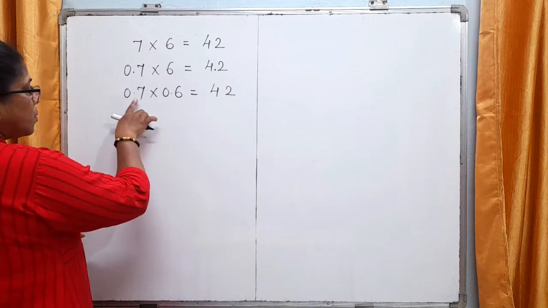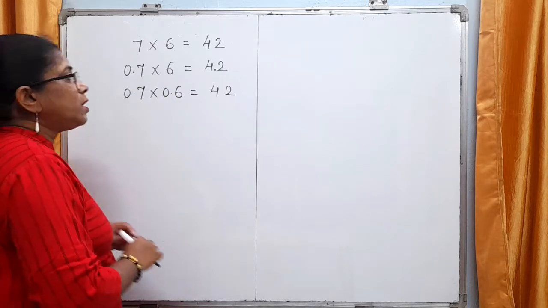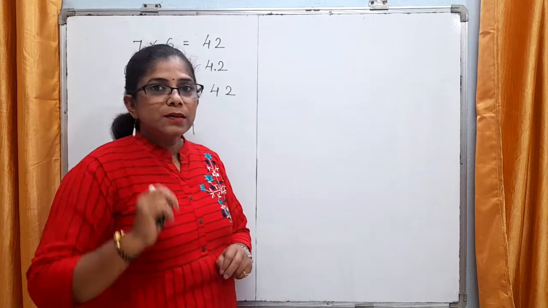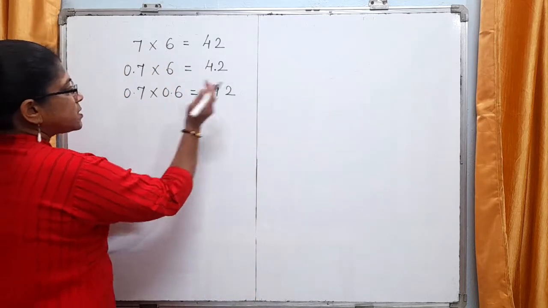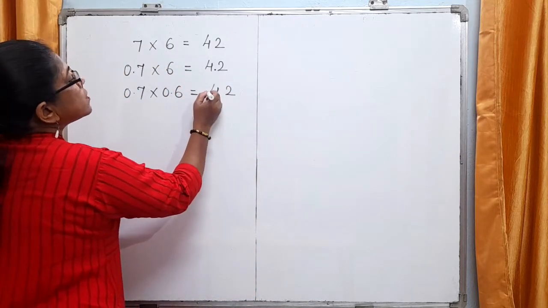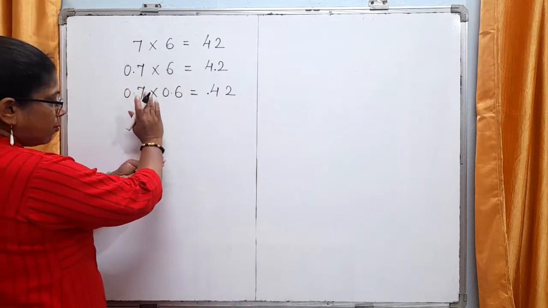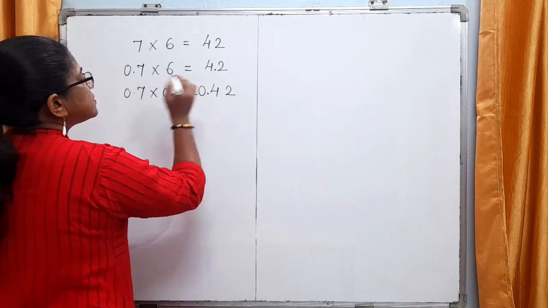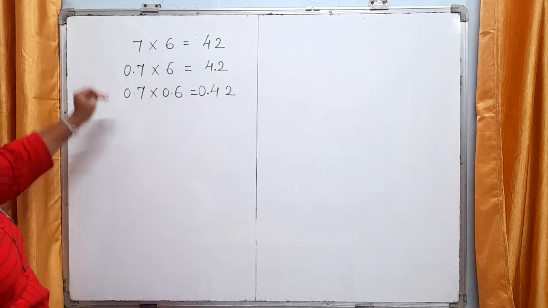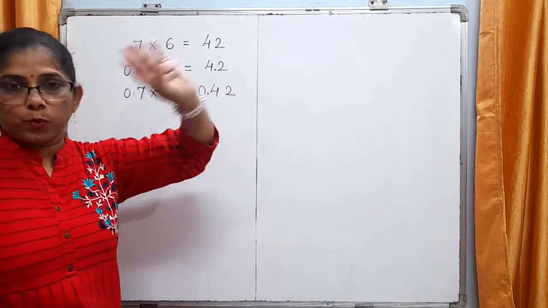Now, 1, 2. We have 2 digits after the decimal point. So count from the right-hand side, 1, 2. The decimal point will come here. And as we don't have any digit before the decimal point, write 0. Now, the answer is 0.42.